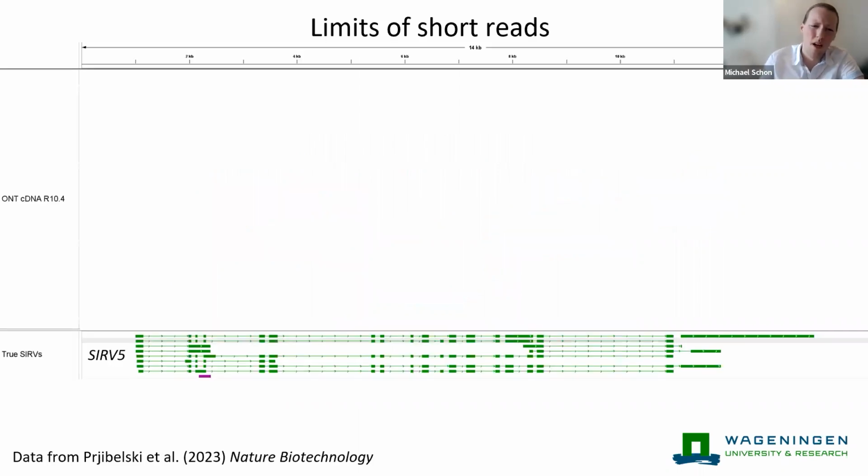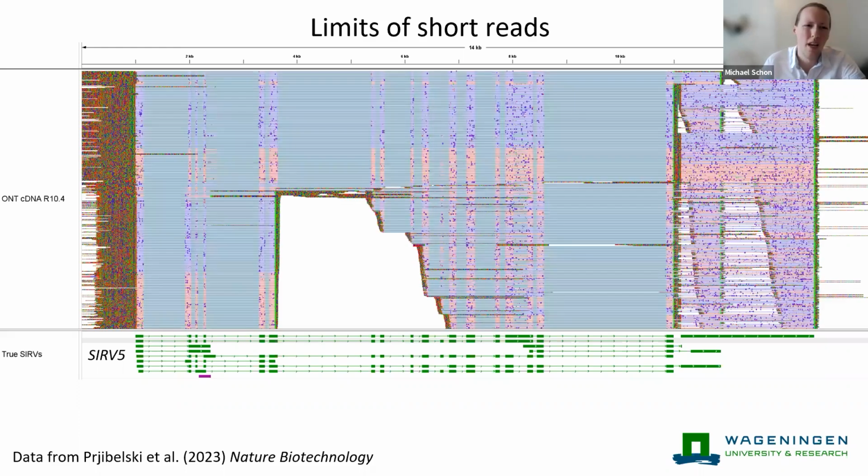And so if we take a look at, say, the spike-in molecule SIRV5, we can see that there are variations at the 3' ends or at the 5' ends that are far enough apart that no short read, which may only be 200 to 300 base pairs, could possibly capture. And so that brings up the possibility of assembling long read sequences.